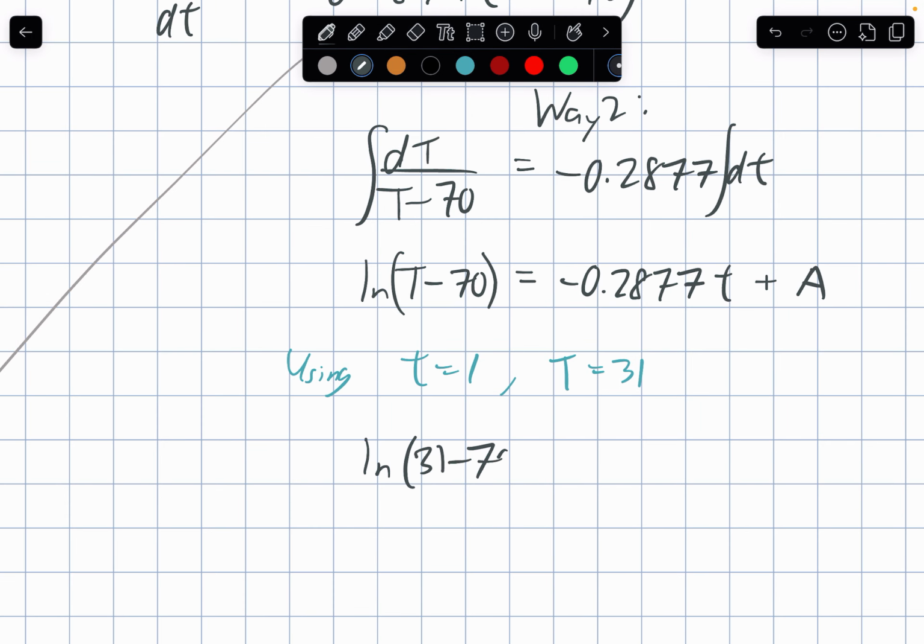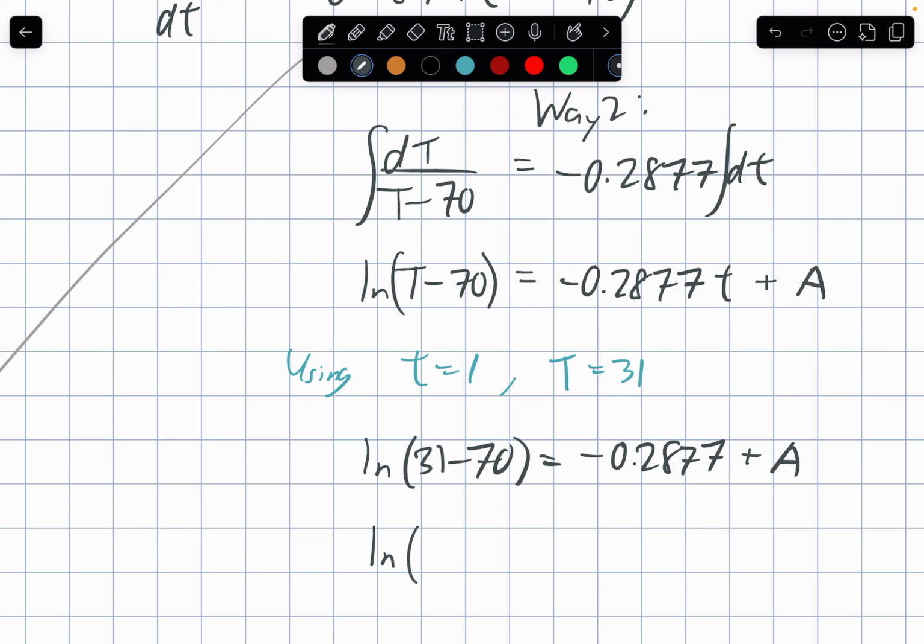ln 31 minus 70 equal to negative 0.2877 times 1, which is just the same thing, equal to plus A. So simplify. ln 31 minus 70 plus 0.2877. Why is it math error? Wait, I think the calculator doesn't accept negative values.